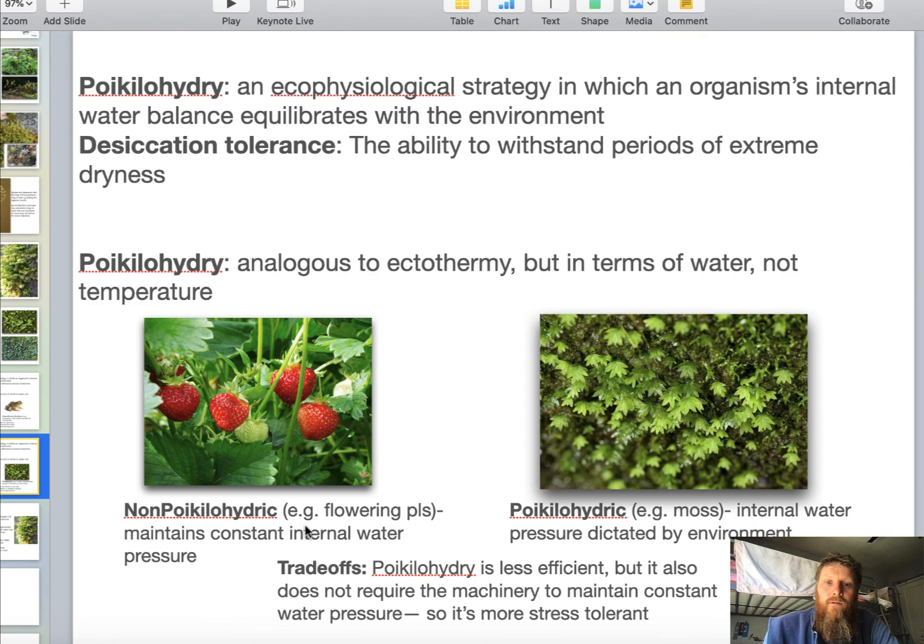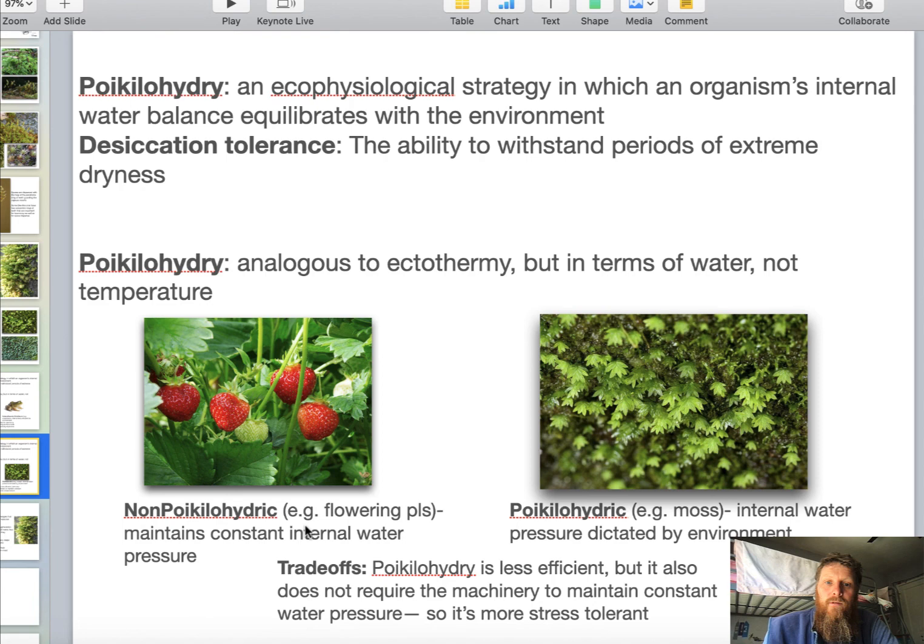And this is a problem that bryophytes don't have to solve, because when it gets dry outside, basically the internal water pressure in a bryophyte just equilibrates with the external water pressure, which is zero. So when it gets dry, the mosses just go dormant, and so they just avoid that water stress.